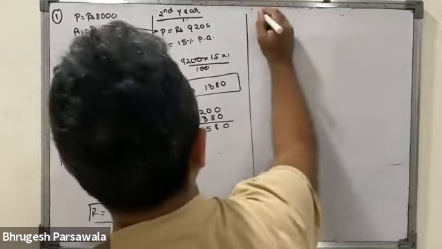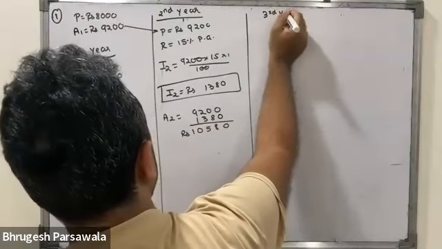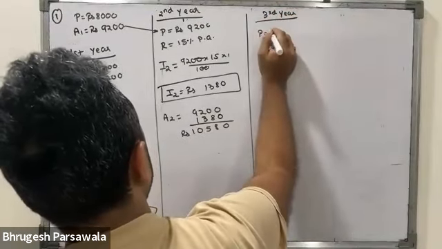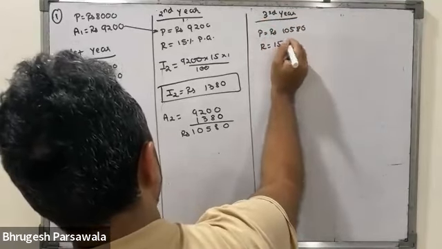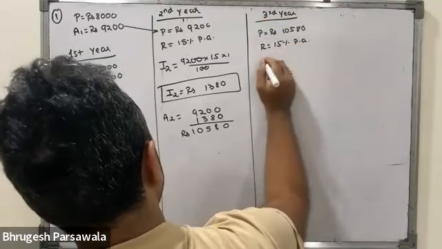Now the amount for the second year is the principal for the third year. The rate is 15% per annum, we know. T is 1 year.